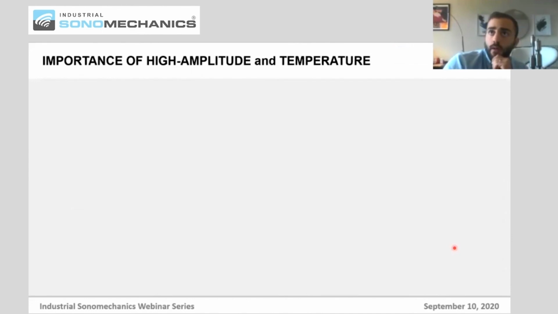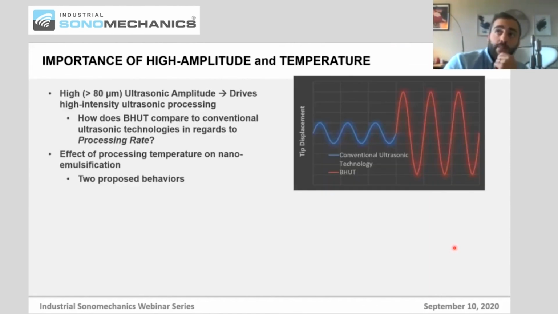So the two parameters that we're interested in now are the effect of ultrasonic amplitude and processing temperature. As we mentioned earlier, high amplitudes and consequently high intensity ultrasound are essential to making very fine nanoemulsions. However, we want a tangible way to compare how conventional ultrasonic technology would compare to BARBELL HORNO ultrasonic technology.